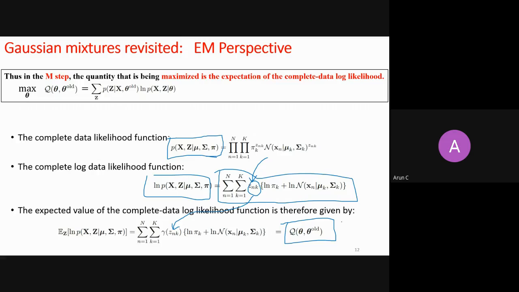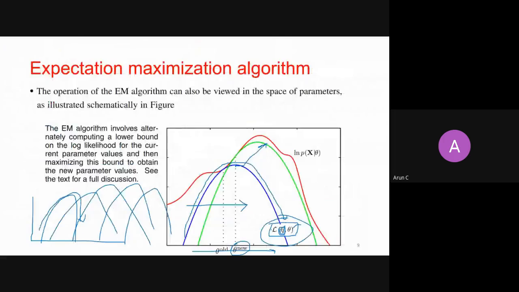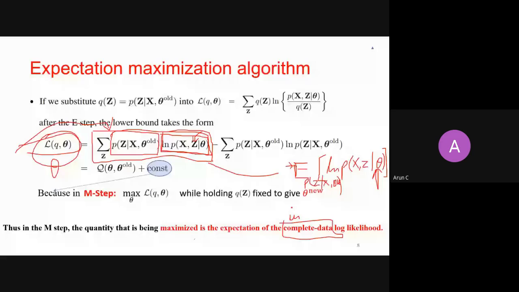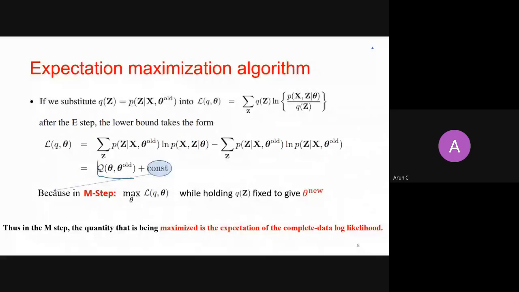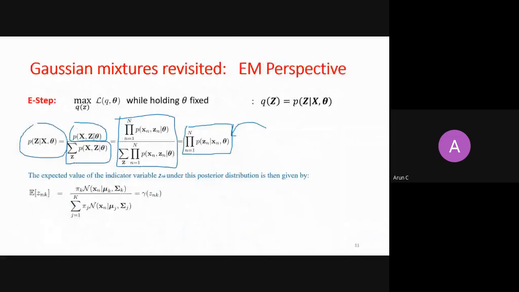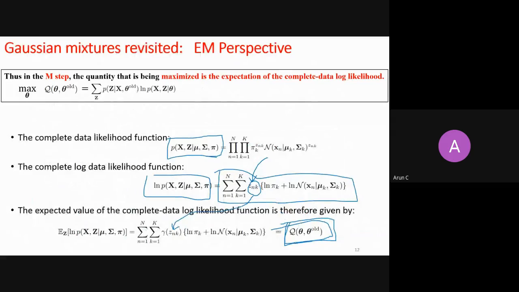Just note this: this is Q of theta over theta. This is Q of theta given old theta, which is the expectation of the incomplete data likelihood, which you have seen. So you are doing the same thing for the expected Gaussian mixture model, right?